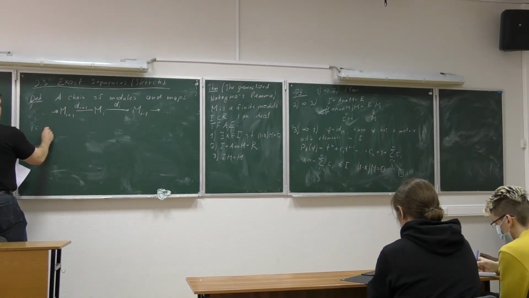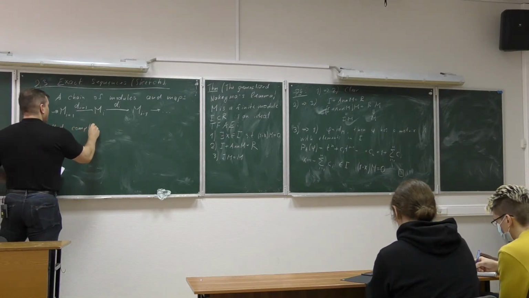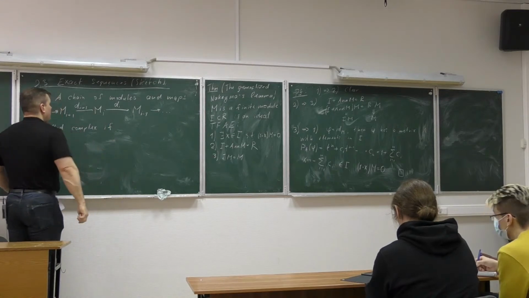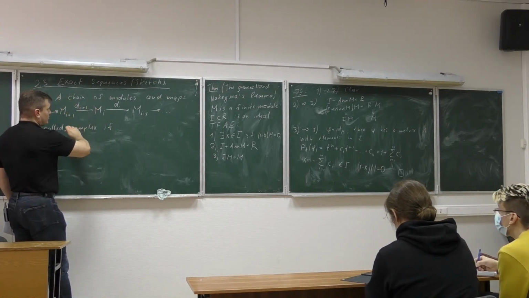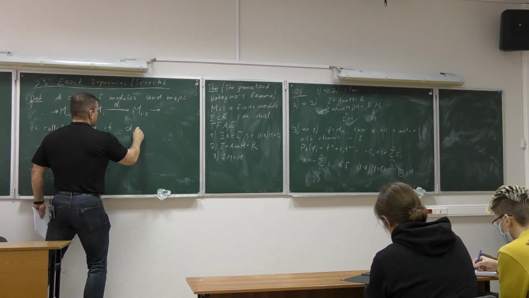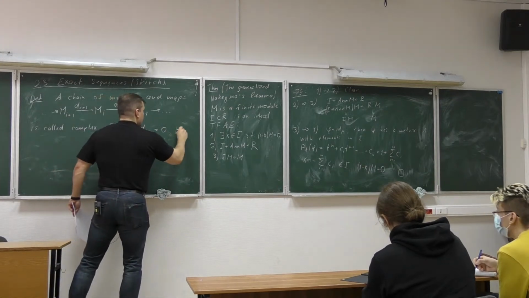It's called a complex if I apply two consecutive maps and get 0. So di composed with di plus 1 is equal to 0, and this is for any i.